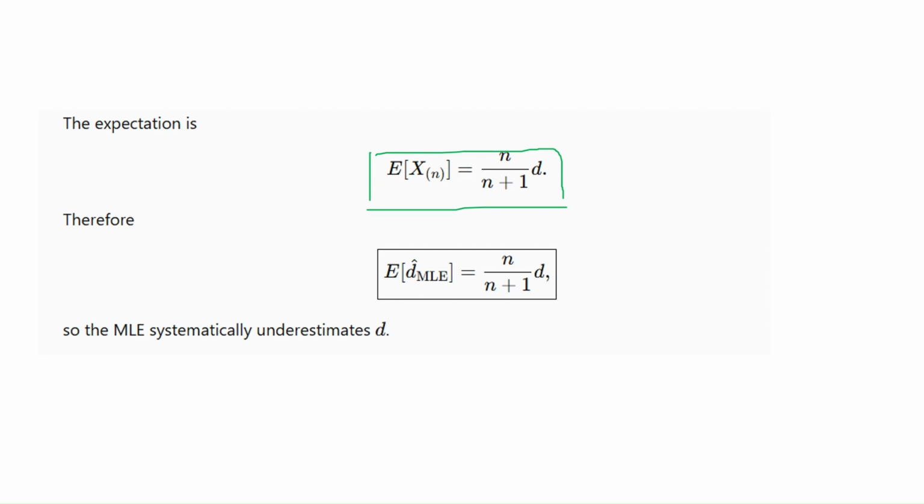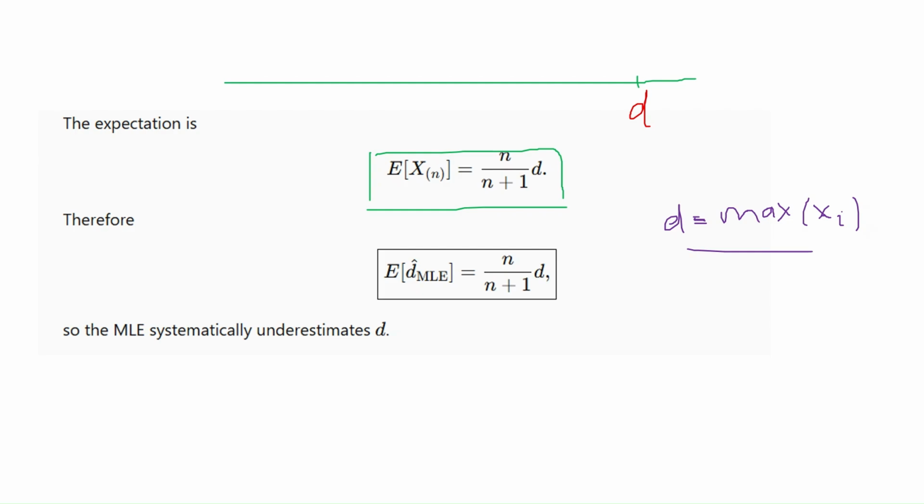So what does this mean? Let's say this is a number line. We have d over here, which is the true value. This is what we had to estimate. We said that our estimate of d is the max of the xi's. This was our estimate.